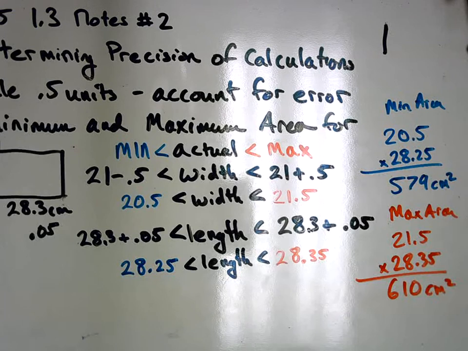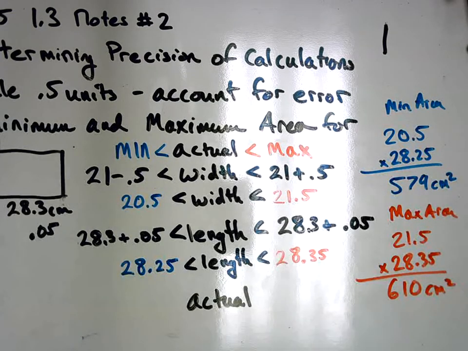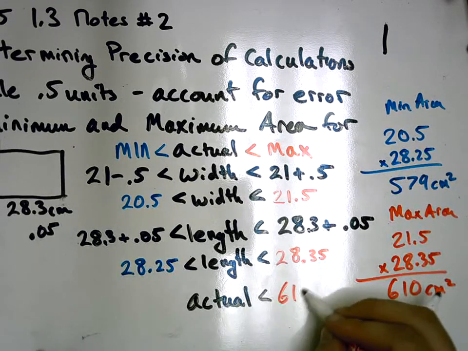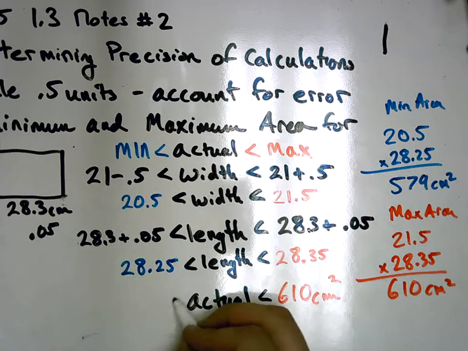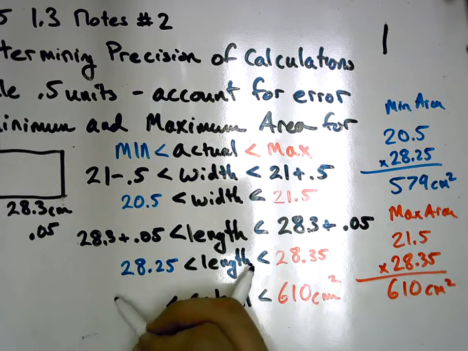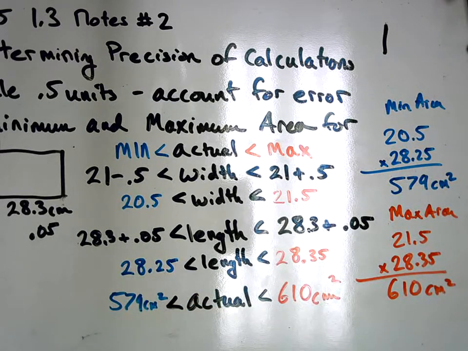So the actual area of our shape, well, the max is 610 centimeters squared. The minimum is 579 centimeters squared. The actual is going to be between those two numbers, right? It's probably somewhere a little bit below 600, right? But who knows for sure? We can only approximate things.